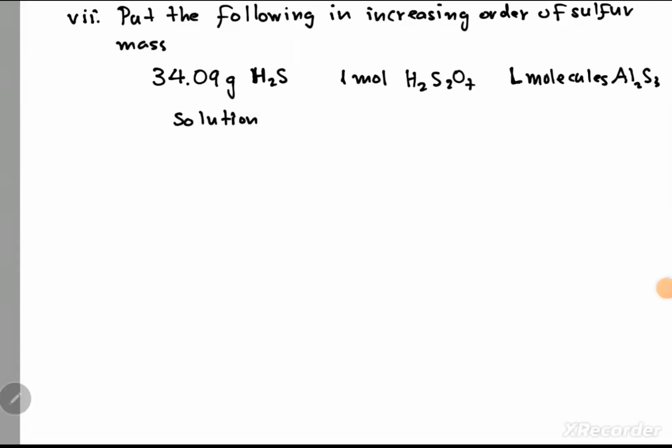We have again a relationship between the quantity of chemical compound and the chemical element sulfur. For hydrogen 2 sulfur, we find first MR because we have grams, is equal 34.09.